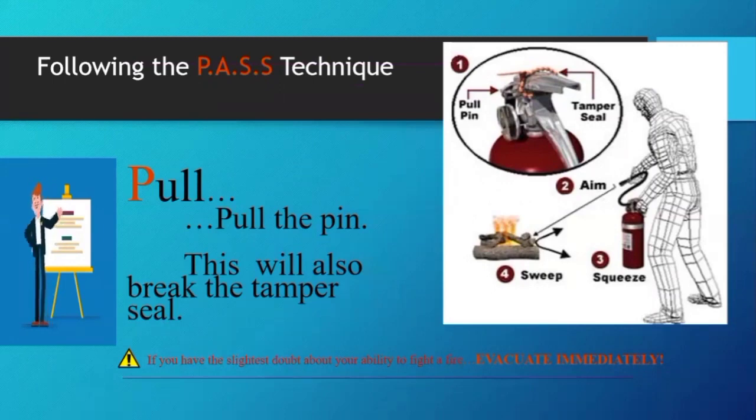If there is no tamper seal, perhaps the fire extinguisher has already been used by somebody, meaning it may already be empty. If it is not yet used, you can observe that there is still a tamper seal. So you have to remove the tamper seal first, then you can pull the pin.